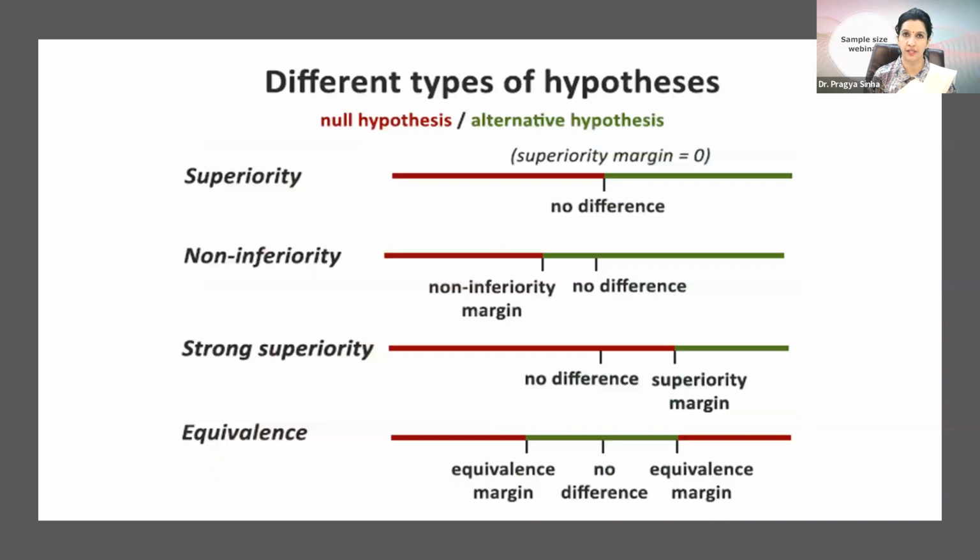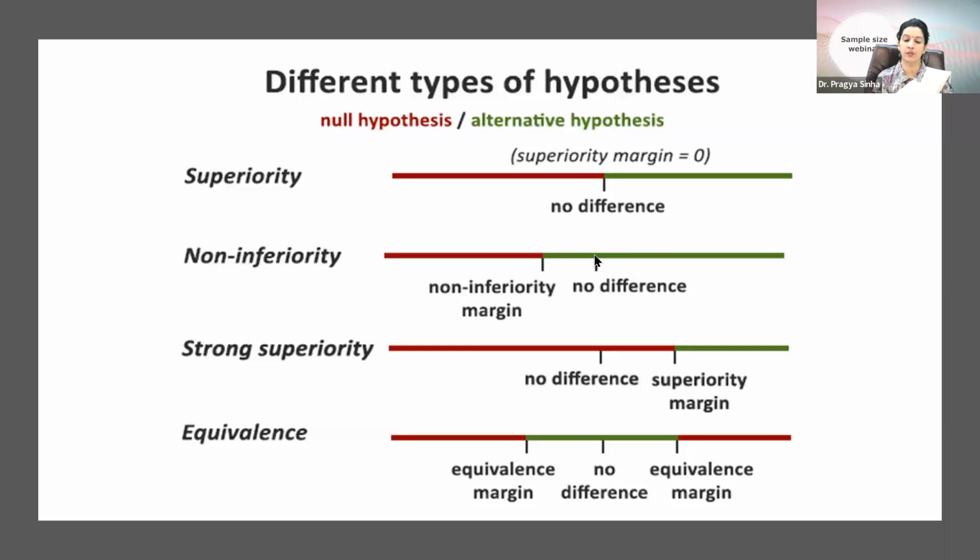So there are different types of trials. We have seen this slide initially also, so I will not discuss superiority now. For non-inferiority, say this line is of no difference. If you are taking a relative risk, it will be 1 when there is no difference. And if it is a proportion, then obviously the difference will be zero. So this is the new drug, and this is the existing drug.